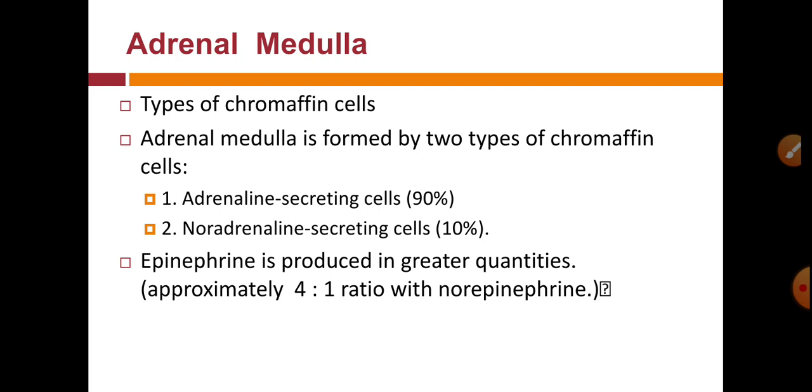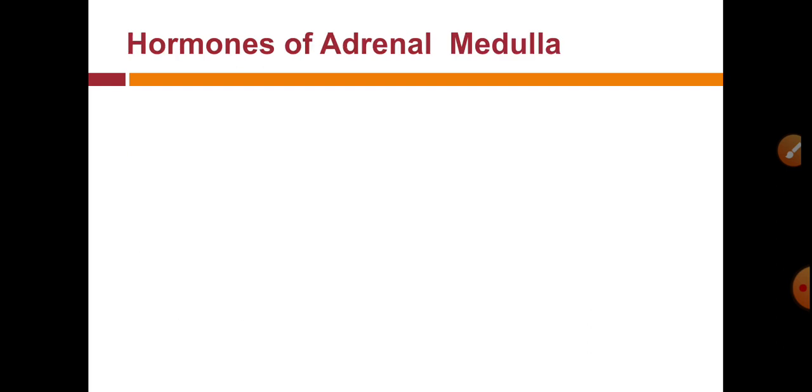That means 4 parts of epinephrine or adrenaline are secreted, while only 1 part of norepinephrine or noradrenaline is secreted out from adrenal medulla. And this is because adrenaline secreting cells are present 90% in the adrenal medulla, while noradrenaline secreting cells are present only 10% in the adrenal medulla. So, the ratio is also 4:1.